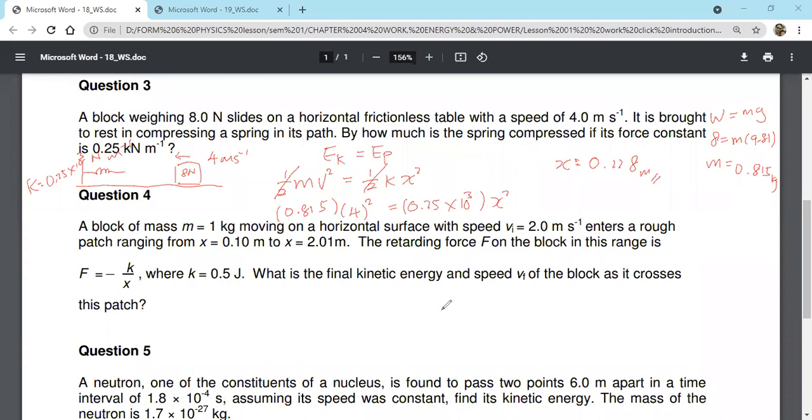Okay, so a block of mass. From here we notice that, let's say from the concept of a graph, it is in the range of 0.1 to 2.01. Before that, it may be moving with a constant force.